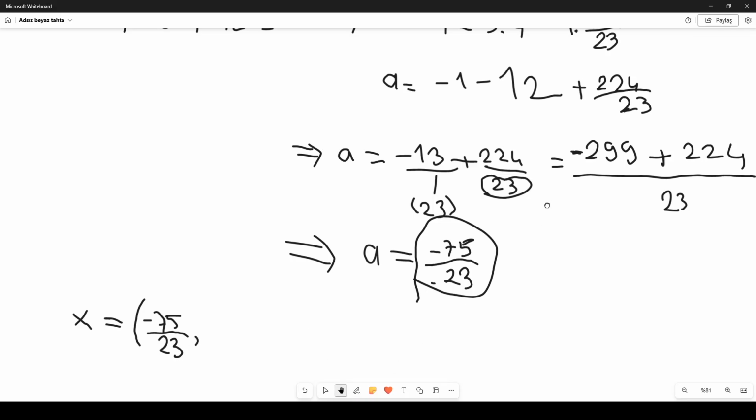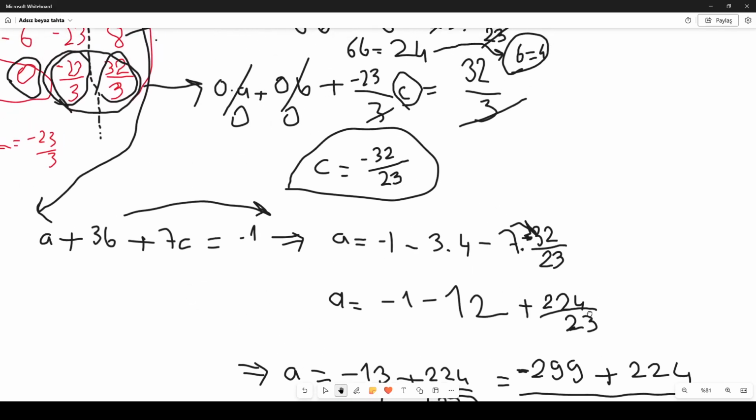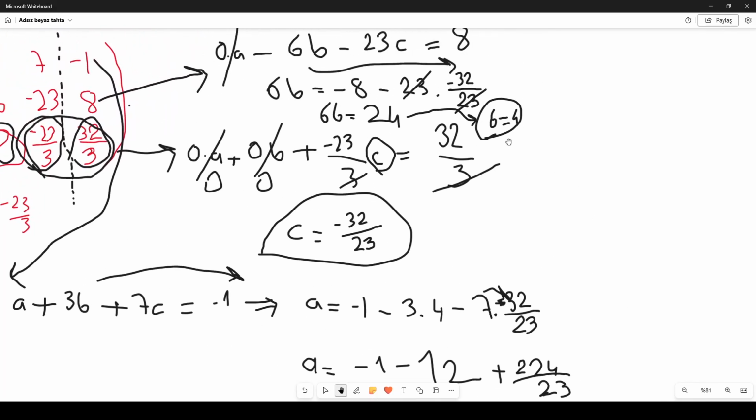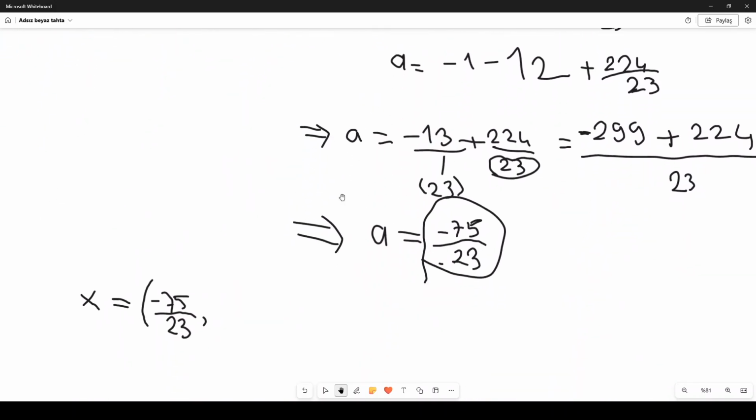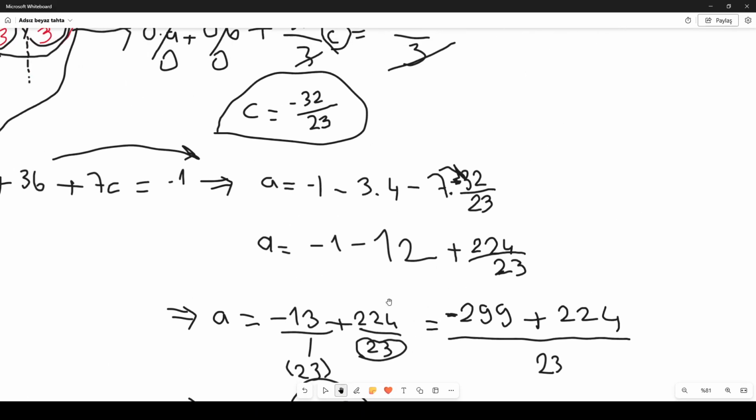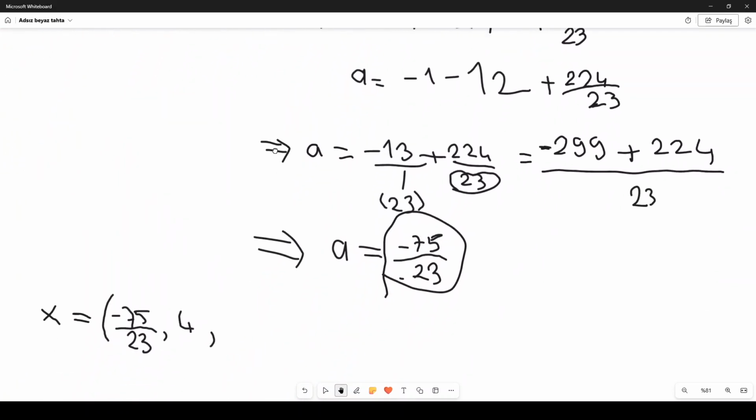And how about B? Let's remember we found B is 4, right? B is 4. And how about C? C is minus 32 over 23.